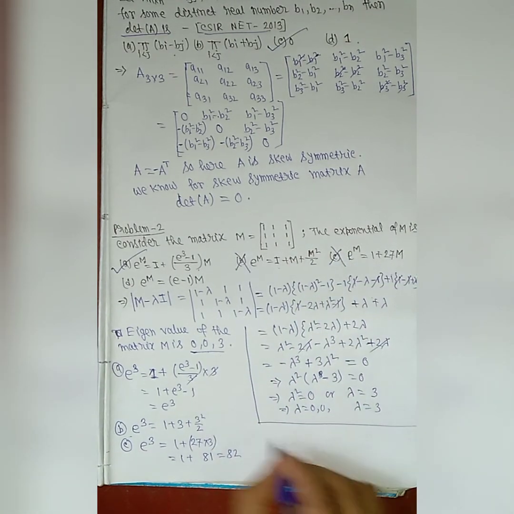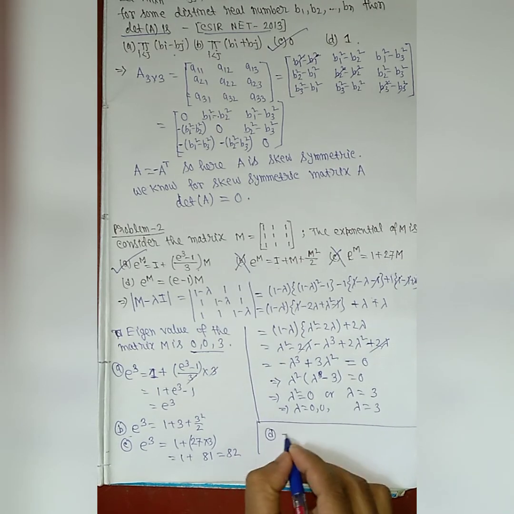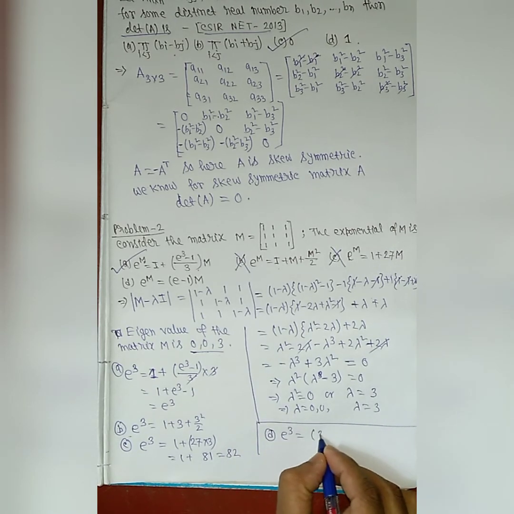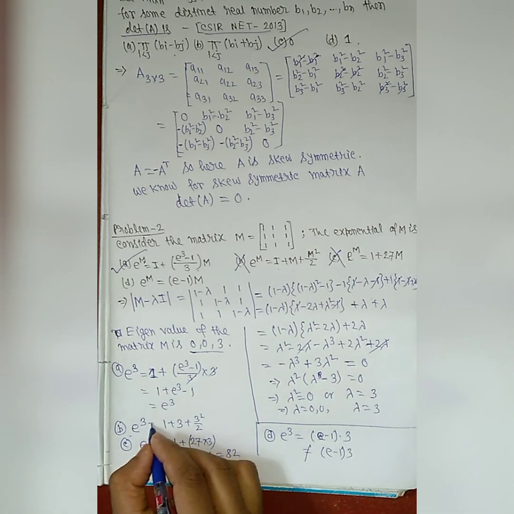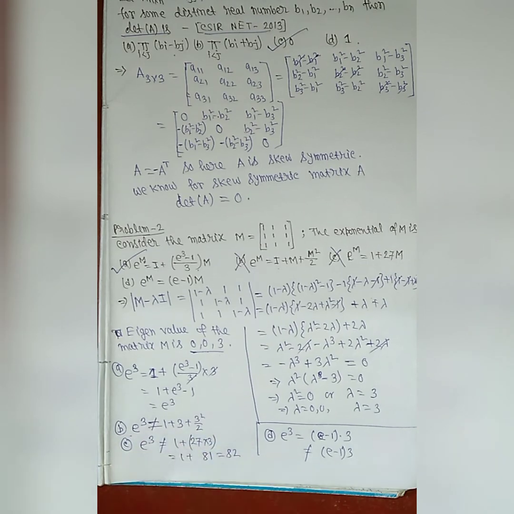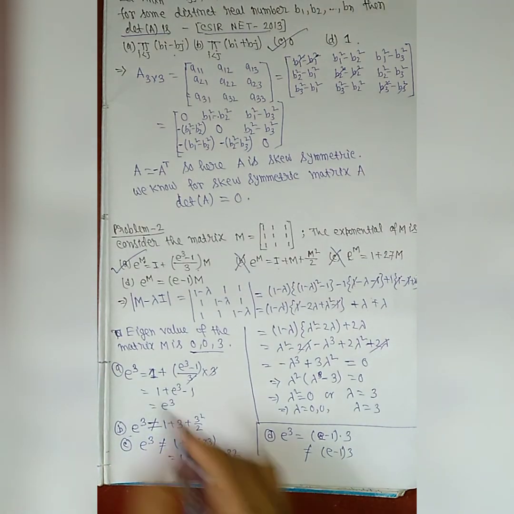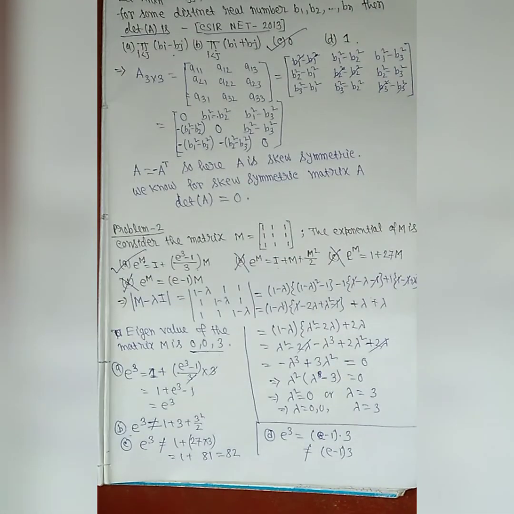And if we check option D, e to the power 3 is equal to e minus 1 into 3, this is also not equal to e to the power 3. These three options B, C and D are incorrect, so option A is the correct option here.